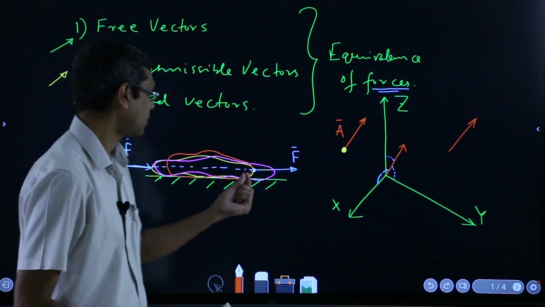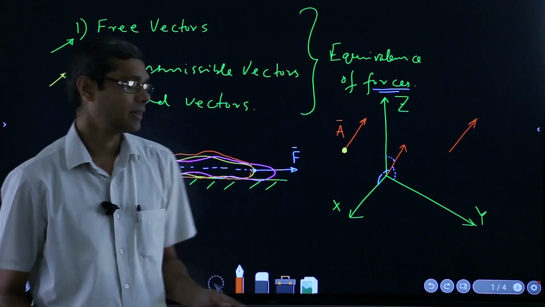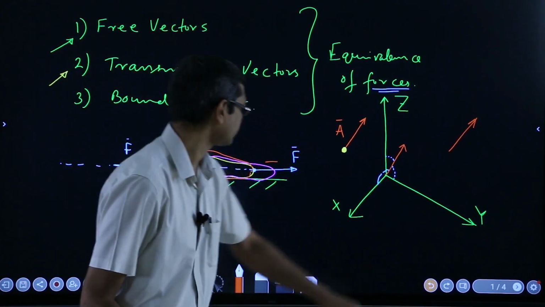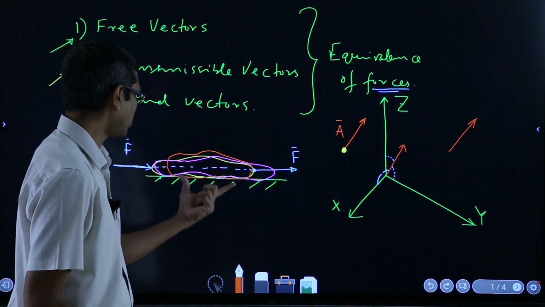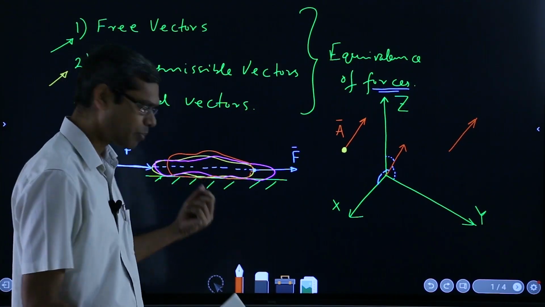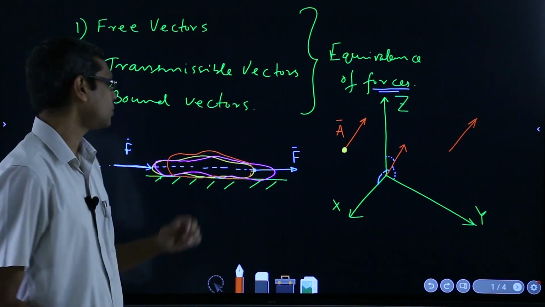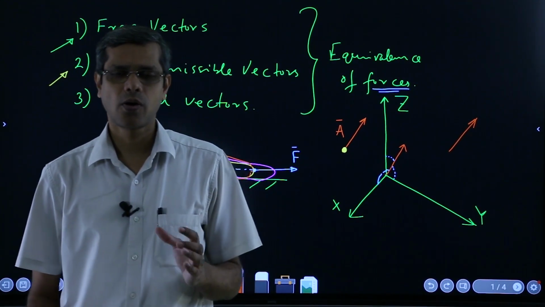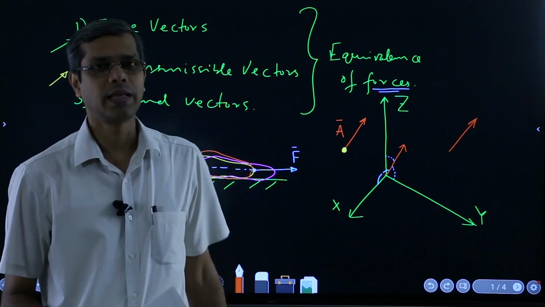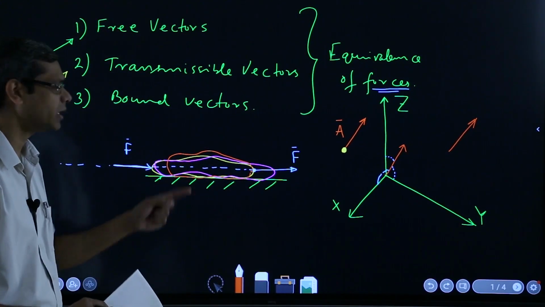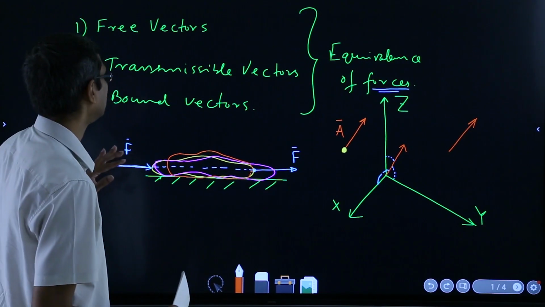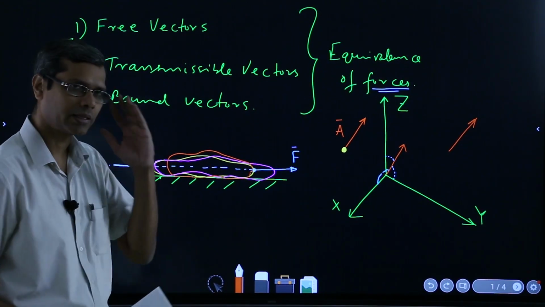Because the pulling effect is different, actually the body gets elongated. By pushing, the body gets slightly compressed. So, if the effect I am concerned with is deformation, then the force shown here is not transmissible. That point needs to be completely kept in mind.